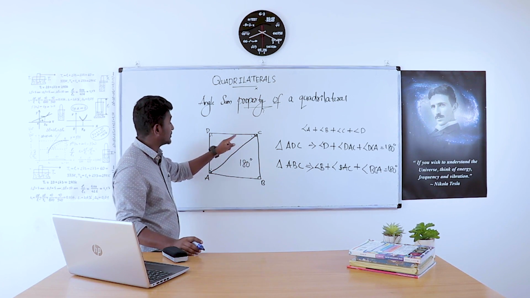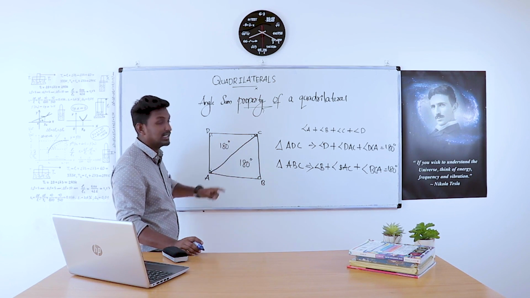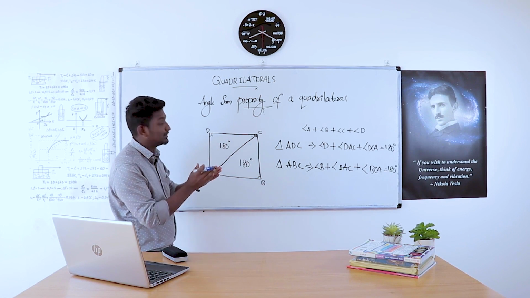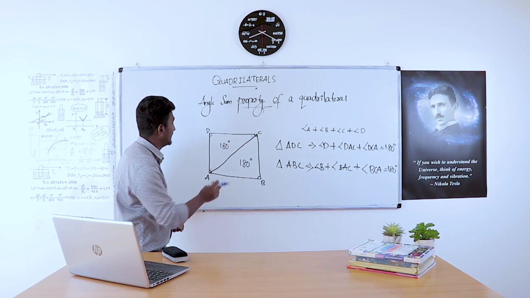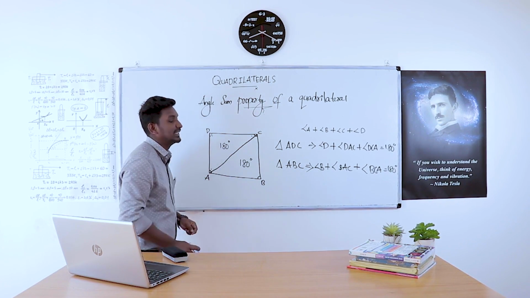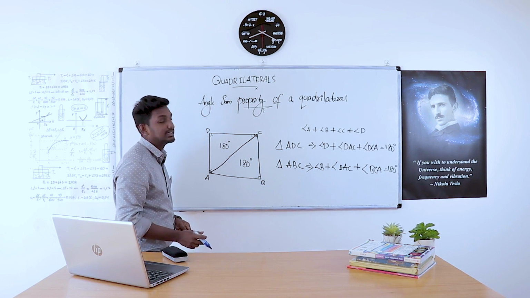Then what is the total of the angles of the whole quadrilateral? These two triangles together make the quadrilateral. Therefore, the sum of the angles in a quadrilateral is this 180 degrees plus this 180 degrees, that is 360 degrees.